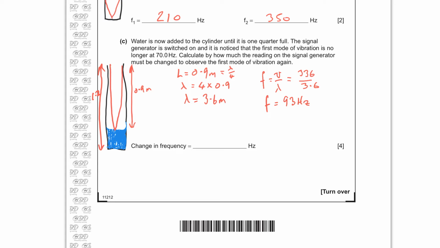And so that's our new frequency. That's not the answer. They want the change in the frequency, and that's going to be how much we had to change it from what it was before. So the change is going to be 93 minus 70, which is 23 Hertz.